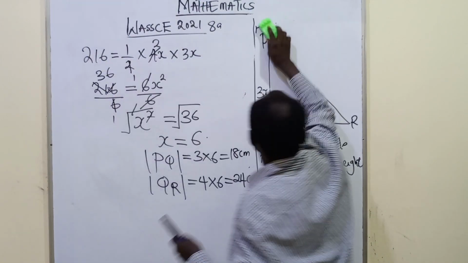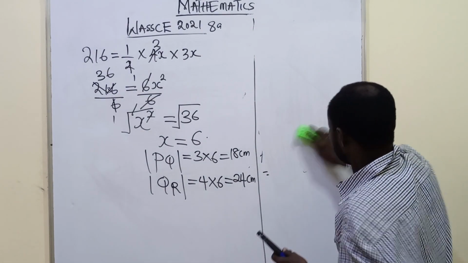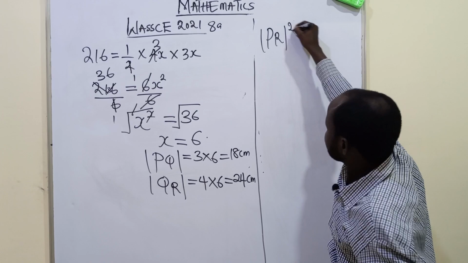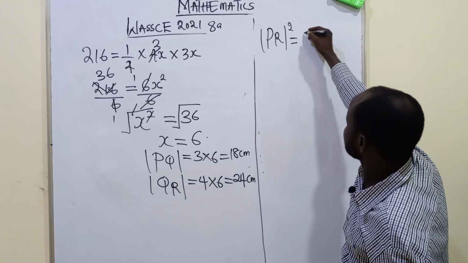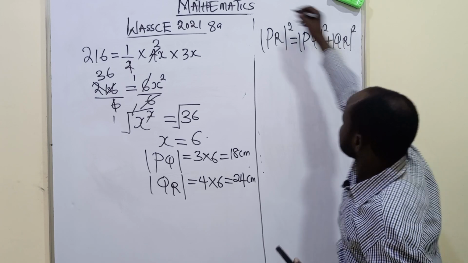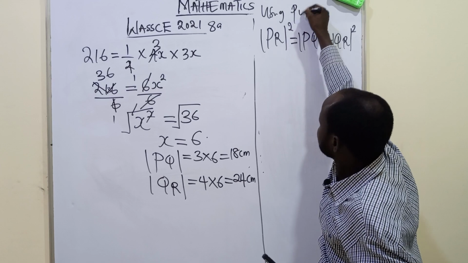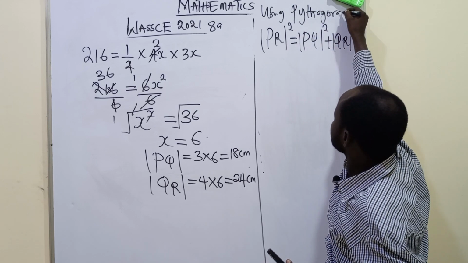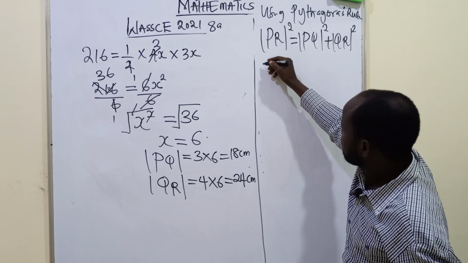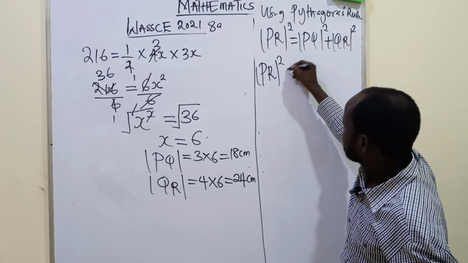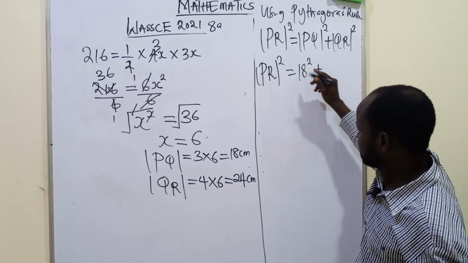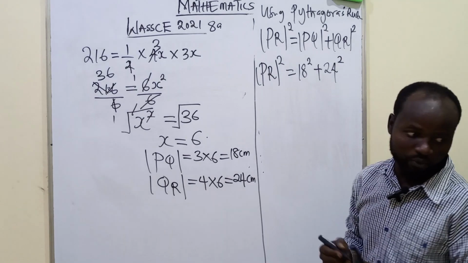Finally, length PR, because that's what we're looking for, PR squared will be equal to, that's the hypotenuse squared, PQ squared plus QR squared. That's using Pythagoras rule. PR squared will be equal to length PQ, which is 18, so 18 squared, plus length QR, that's 24 squared.